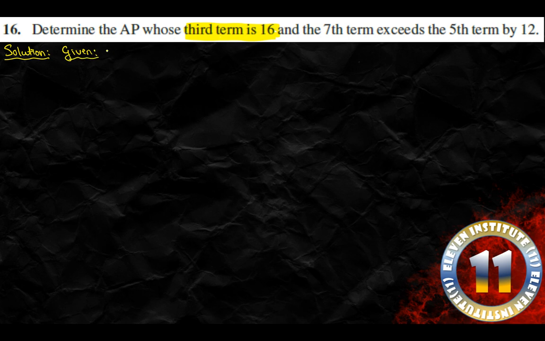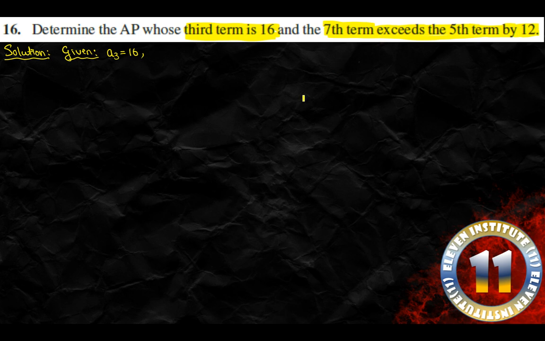So third term is 16, so we can write over here A3 is equal to 16. Right. Then let us read further. Seventh term, right, exceeds the fifth term by 12. Seventh term exceeds the fifth term by 12.